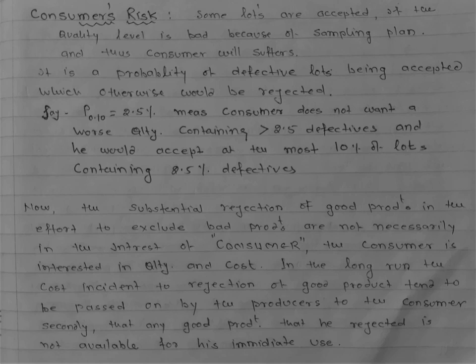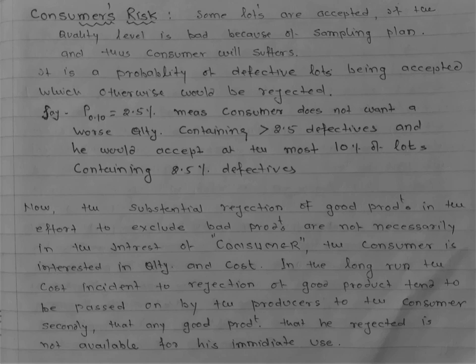Say the probability of 0.10 is at 2.5%, which means the consumer does not want a worse quality containing greater than 2.5% defective, and he would accept at most 10% of the lots containing 2.5% defective. Now, the substantial rejection of good product in the effort to exclude bad product is not necessarily in the interest of the consumer.